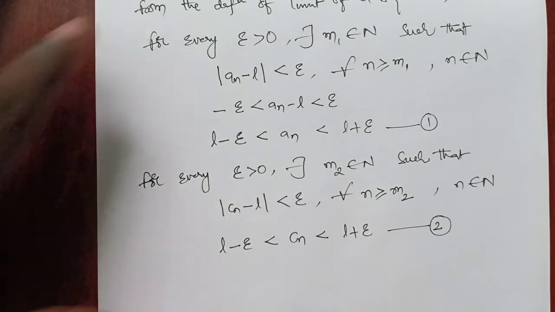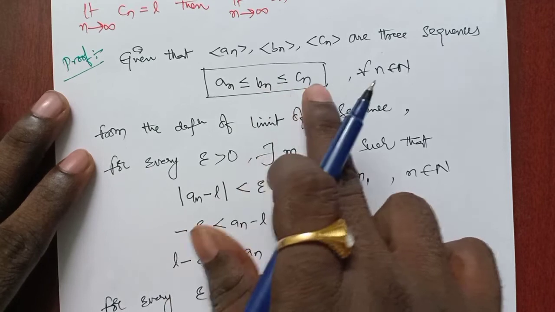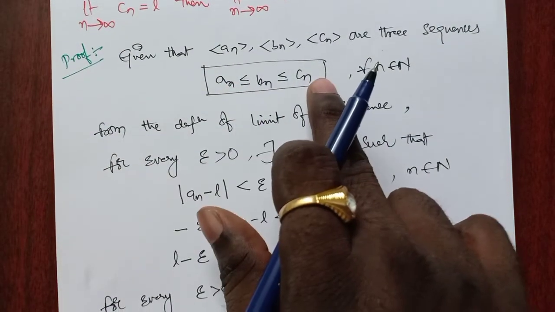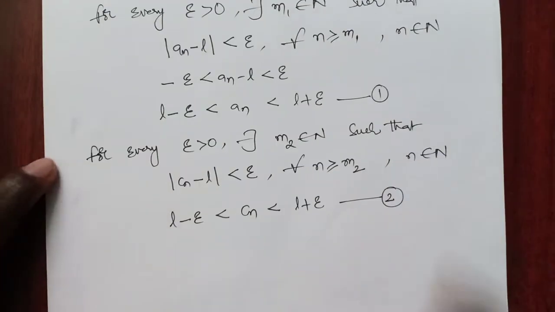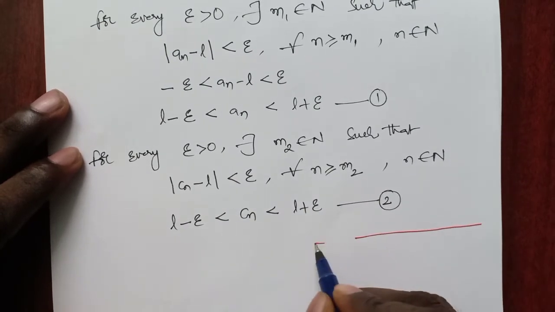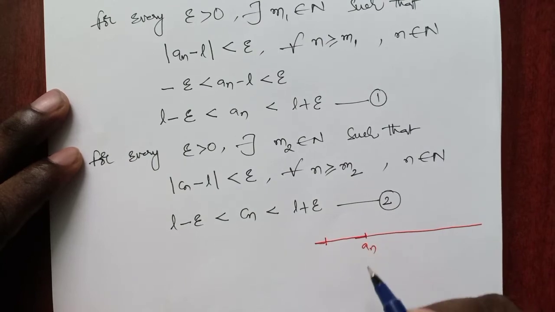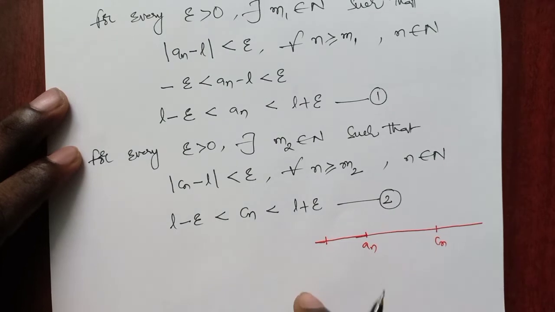From the given data, an is less than or equal to bn less than or equal to cn. So an is less than cn and in between them we have bn. Suppose we take a number line, with an and then cn.